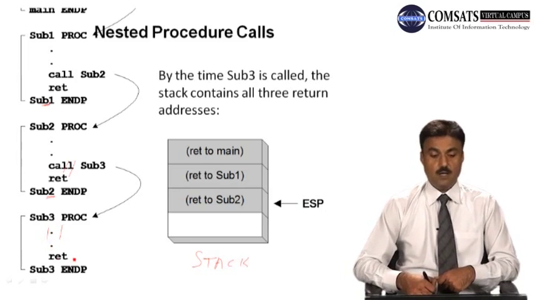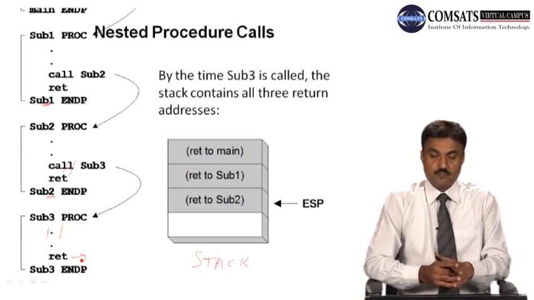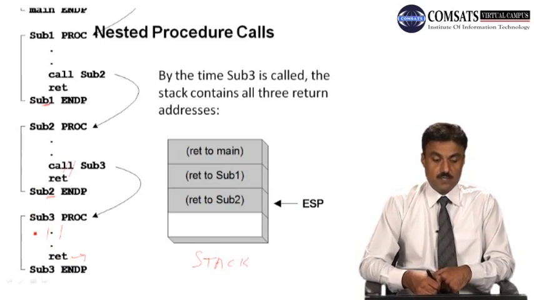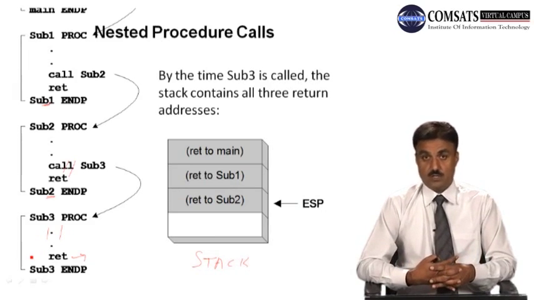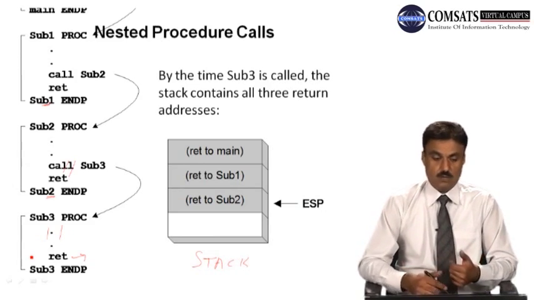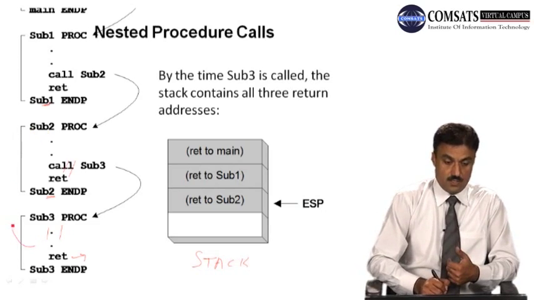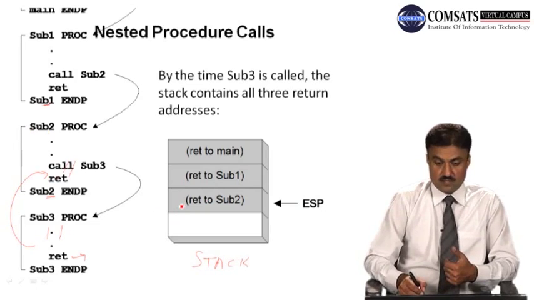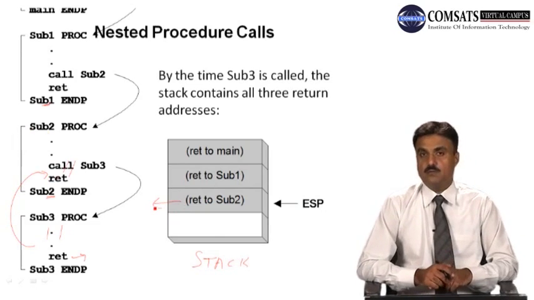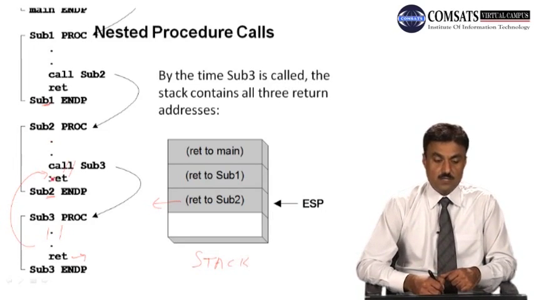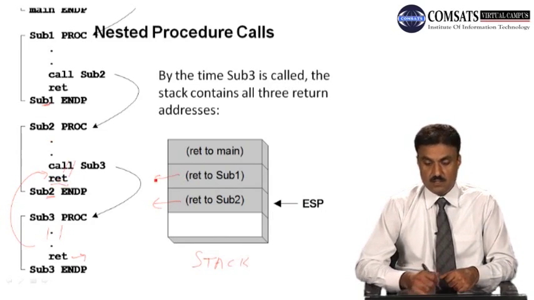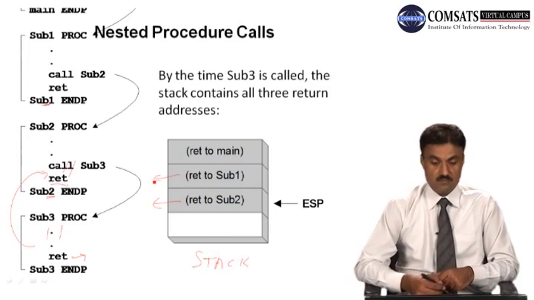Now what will happen when this procedure completes its execution and we return control back to the calling procedure, to the next instruction from where this procedure was called? First we pop this value from the stack, and then we go back to sub2. Similarly, when this return instruction is executed, we again pop the top value from the stack.